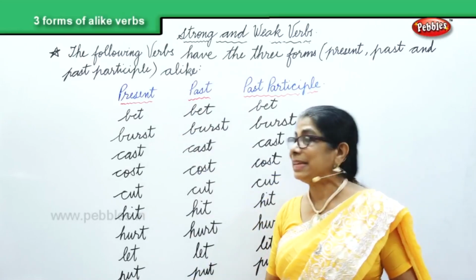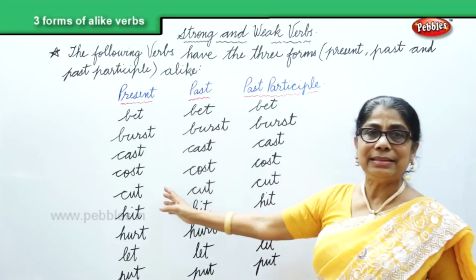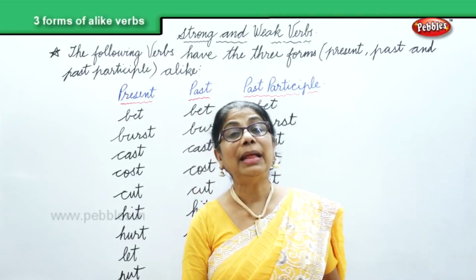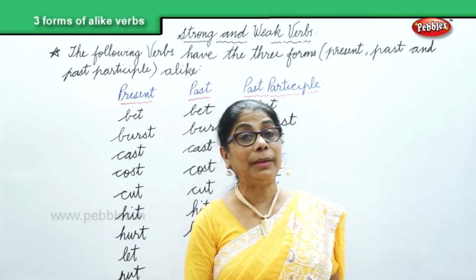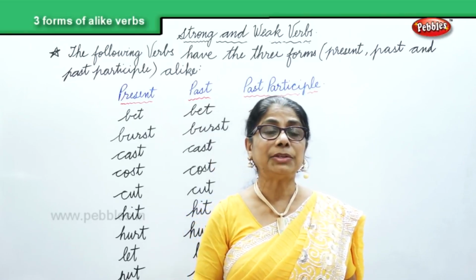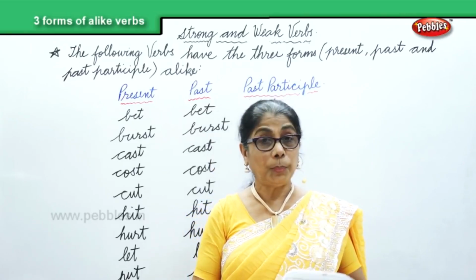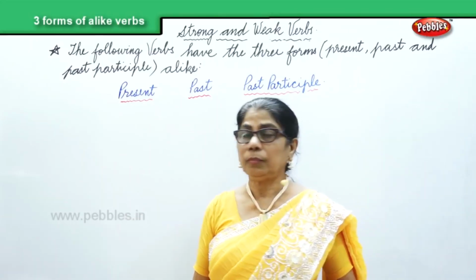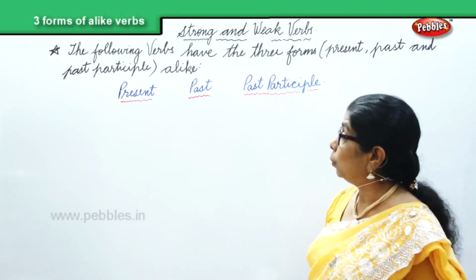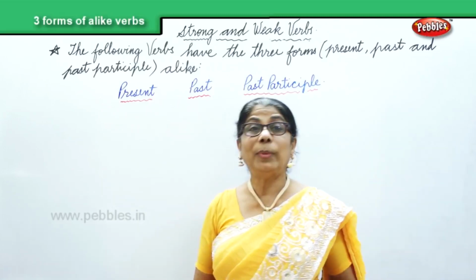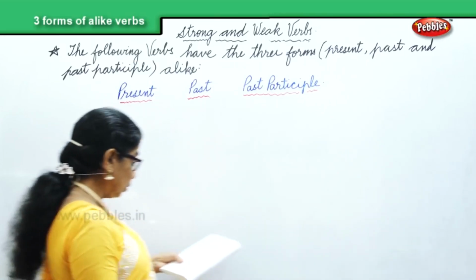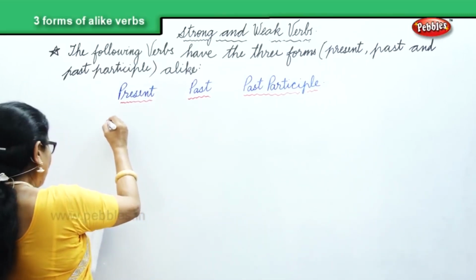When you write the sentence, whether it's in the present or in the past or in the past participle, there is no change of spelling. We have some more words to go on. So we are doing verbs that are alike, whether it's present, past or past participle. So what I have here is read.